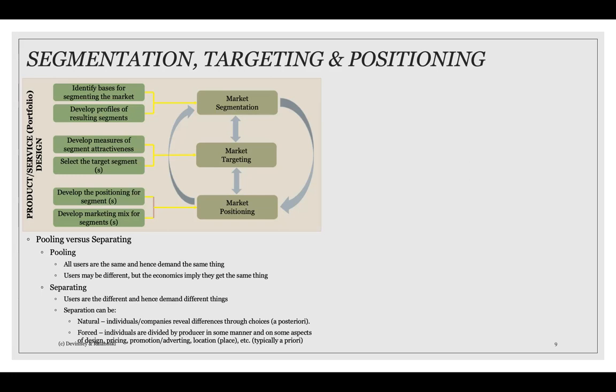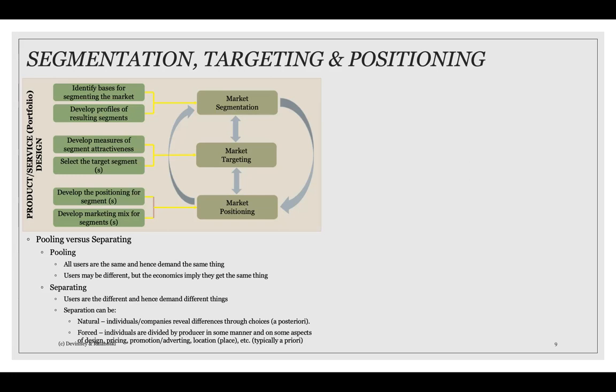So you do an analysis and you define who these individuals are, and then you simply force individuals to purchase certain types of things. This is done, for example, by simply not making products available in certain locations, or pricing them in such a way that they will lead to an enforced difference.